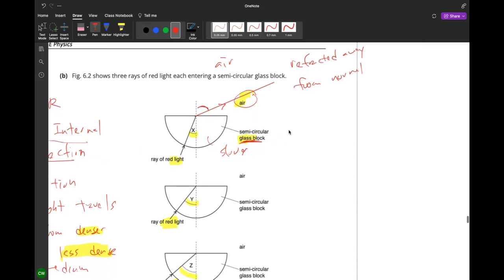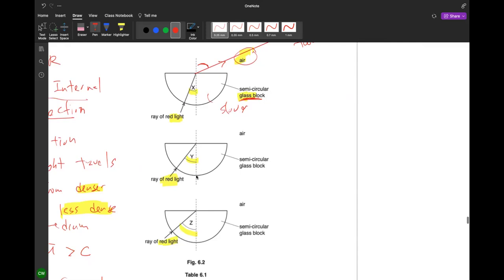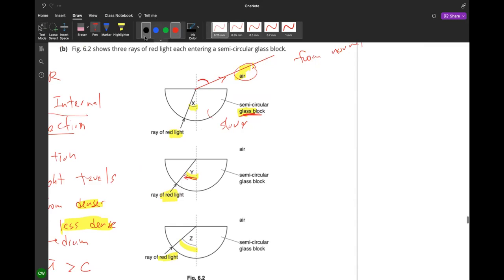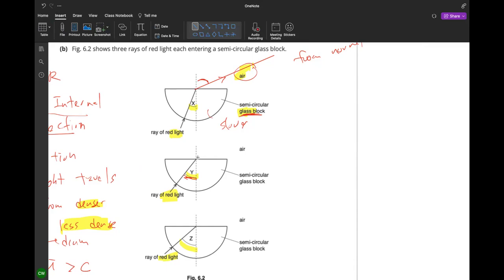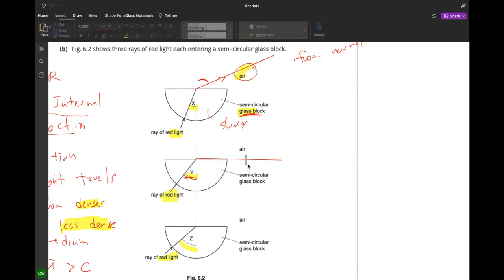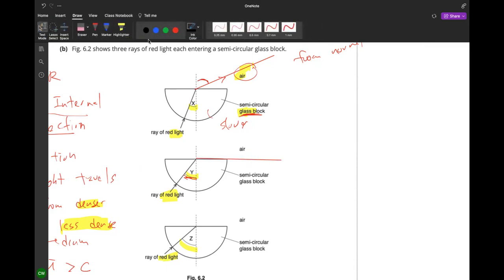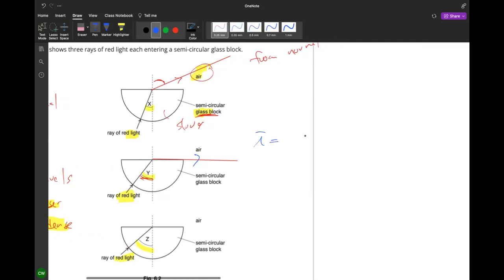The second one, when it is the same, that means it will be along where? It will be here. Because you need to understand, when the incident angle equals C, the angle of refraction will be equal to 90.